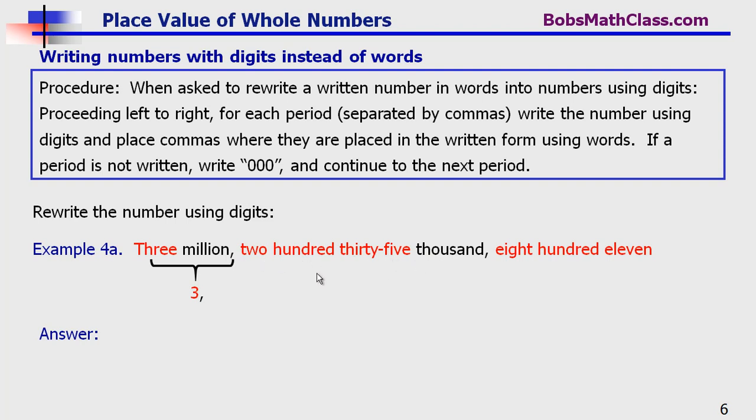So we're simply going to write down 235. And then the next period is the ones period, 811. So we'll just write that together. 3,235,811, with commas after the million and the thousand.